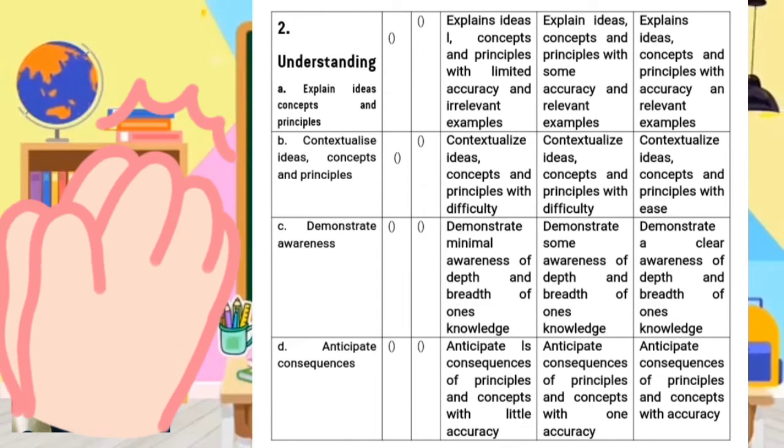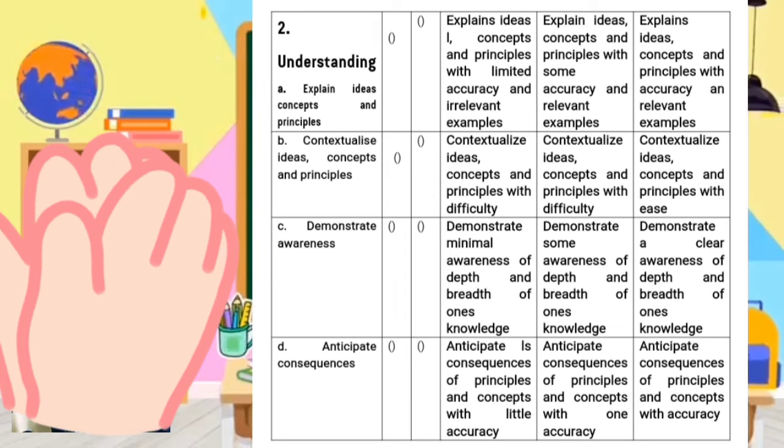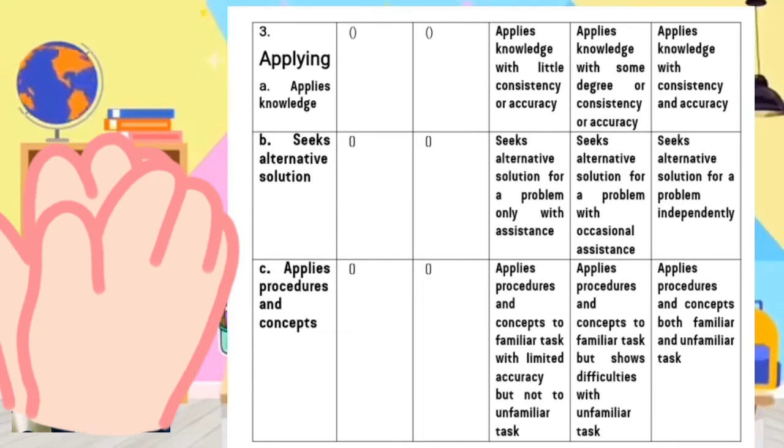The last is anticipates consequences. So anticipates consequences of principles and concepts with little accuracy. And anticipates consequences of principles and concepts with some accuracy. Anticipates consequences of principles and concepts with accuracy. So that is the last part of my assigned topic.